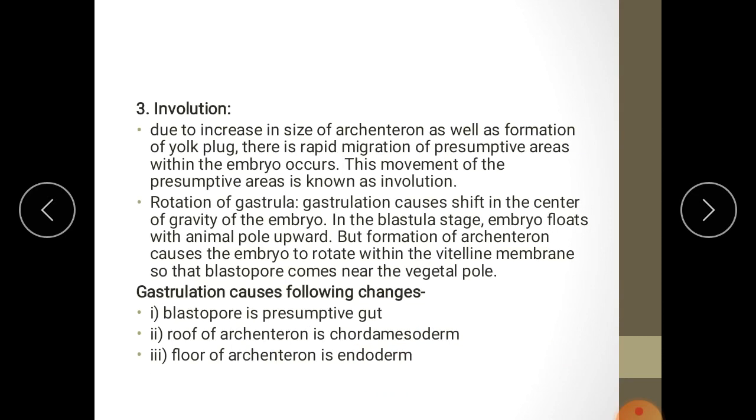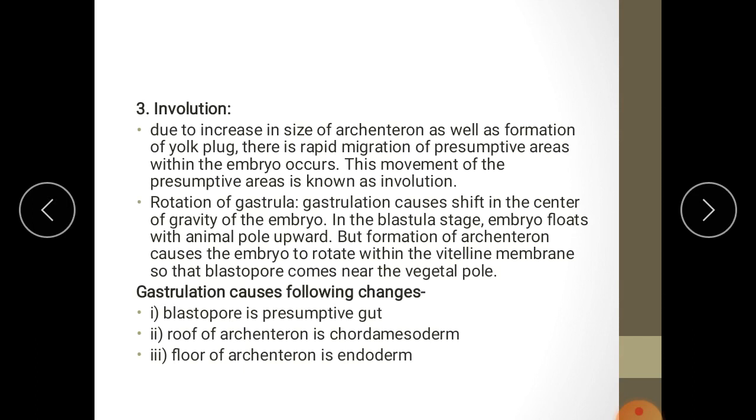So this is the second stage. The first process in gastrulation is epiboly, means repeated division of the micromeres covers the entire embryo. These cells cover the megameres also. This is called epiboly.